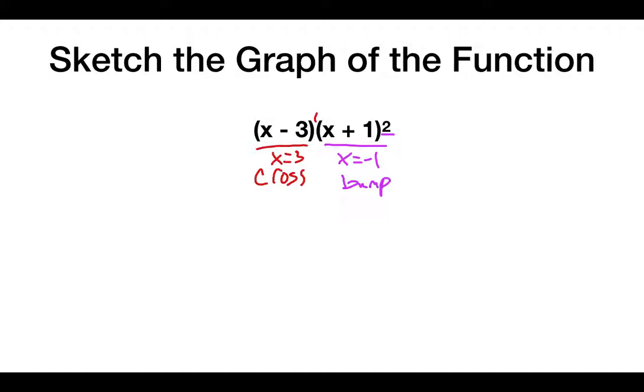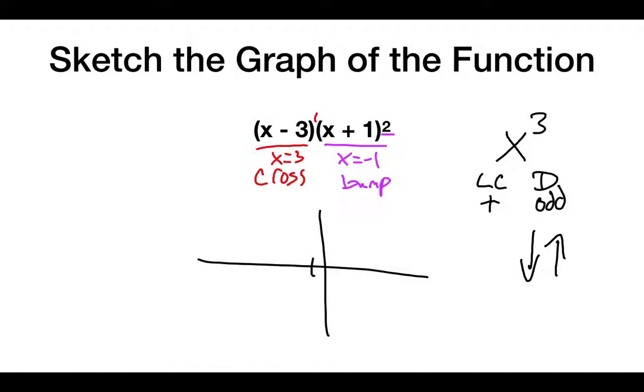Now, I need to figure out the totals, so let's see, 1 plus 2, that means our leading term would end up being x cubed. So since our leading coefficient would be positive, on the right side it would go up, and since the degree would be odd, on the left side it goes down.